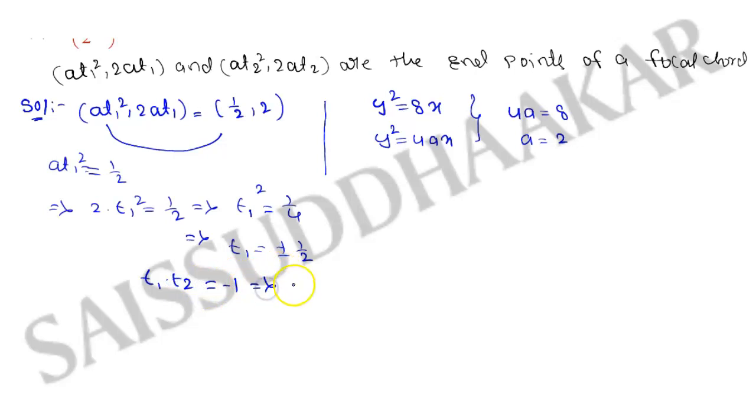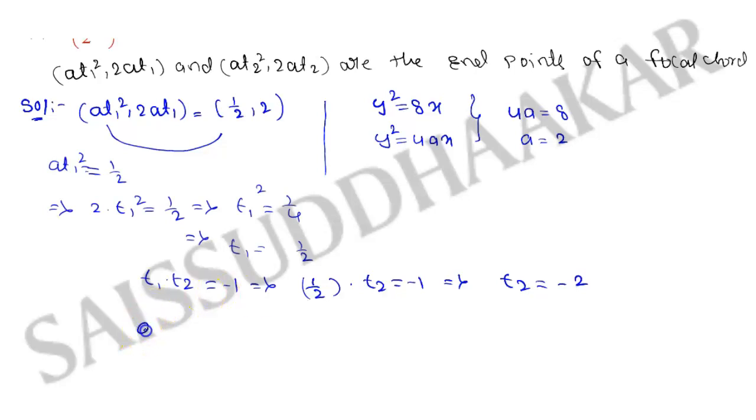Depending on the condition, I am taking only the plus sign, t1 is 1 by 2. Replace here: 1 by 2 into t2 is equal to minus 1, implies t2 is equal to the reciprocal on the right side, that is minus 2.